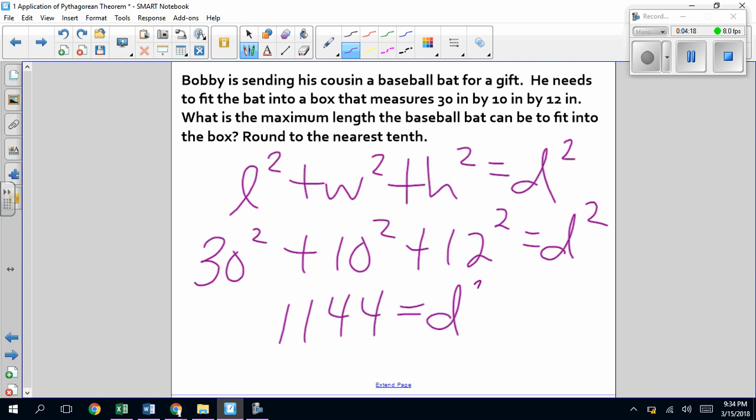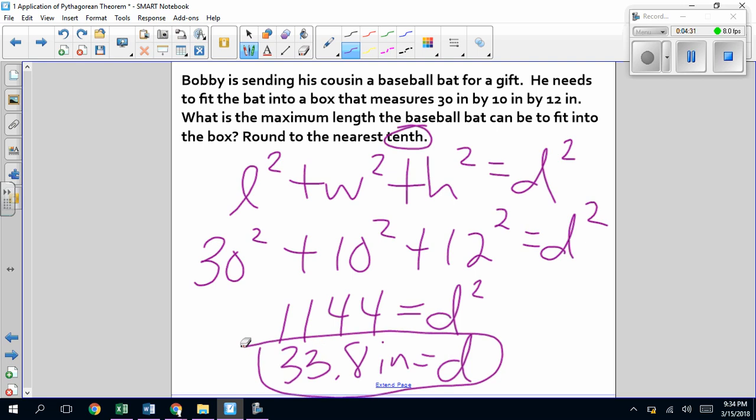And then if we take the square root of that, we get 33.8, rounded to the nearest 10th, 33.8 inches. So that means this bat would have to be less than 33.8 inches.